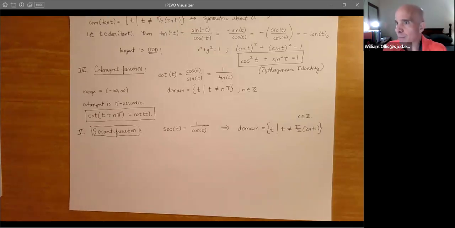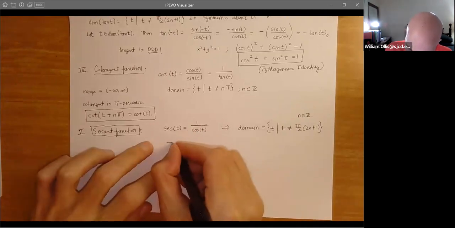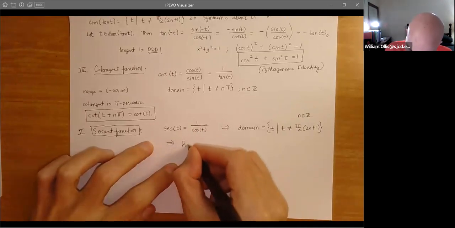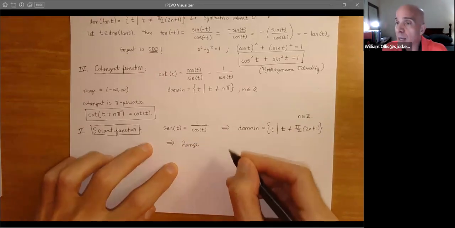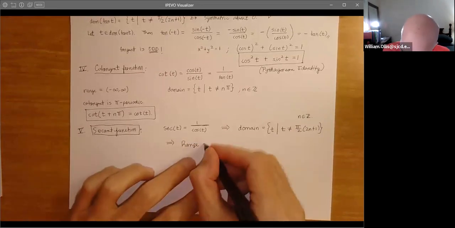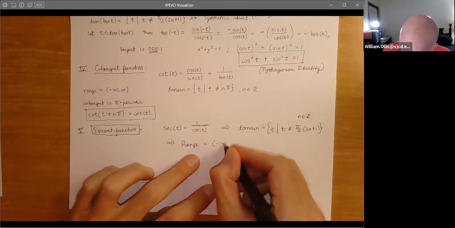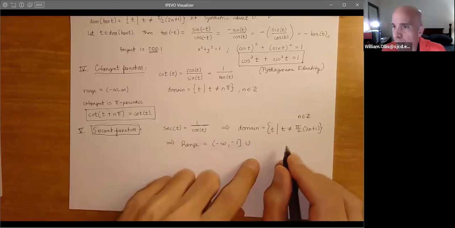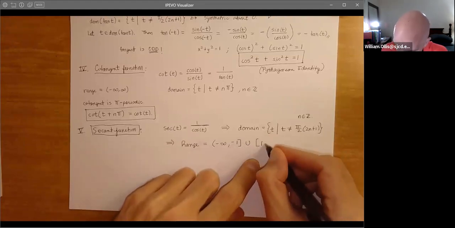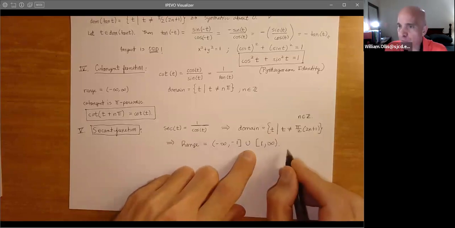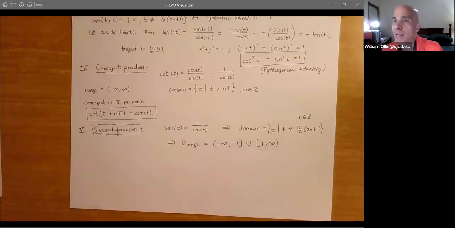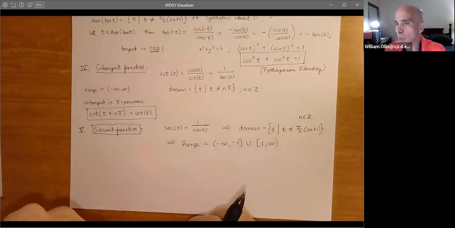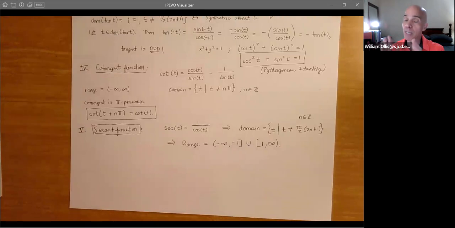So just by definition, this implies, and this is so simple, that the range will be a disconnected set. That is, the range will go from -infinity to -1, and then we have this gap to 1. So this is by virtue of the fact that we are reciprocating numbers between -1 and 1. The 1 and -1 are fixed, but all the numbers in between move outside, as I've just said.